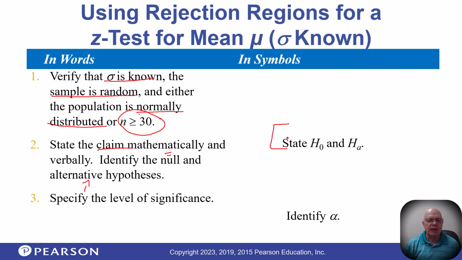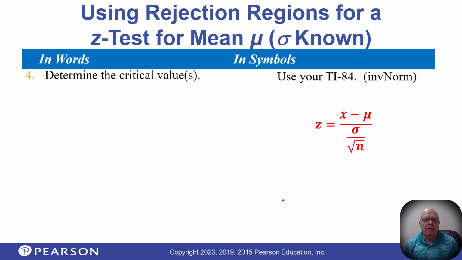Specify the level of significance. Remember, this must be done before we actually collect our data. Find out what the critical values are. And those critical values depend on what alpha you chose. You'll use inverse normal to get those z sub c value or values.